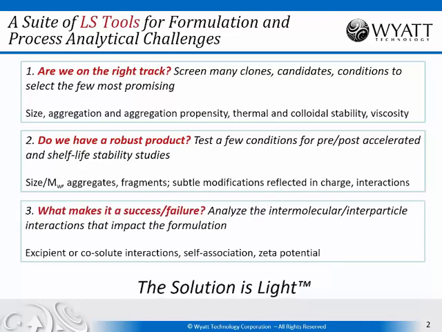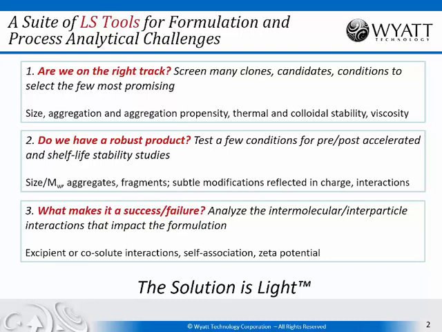And in the course of an intelligent development process, you're also analyzing along the way why you are successful or why a particular candidate or condition fails. And for that, you need information about the intermolecular or interparticle interactions that affect the formulation or affect the process conditions, and things like self-association of the molecule, the zeta potential of a particle, which might impact stability, and interactions with excipients or with co-solutes.